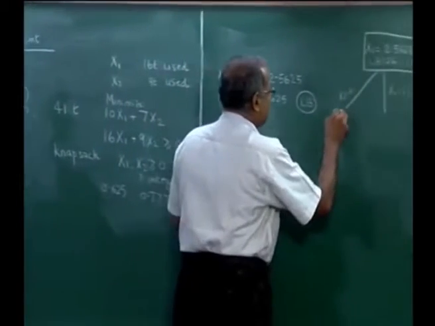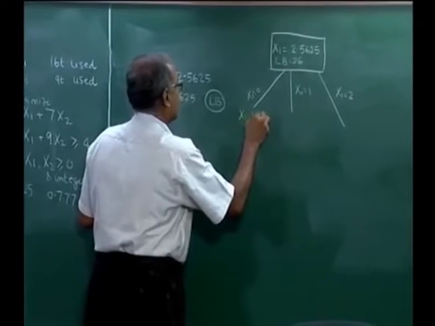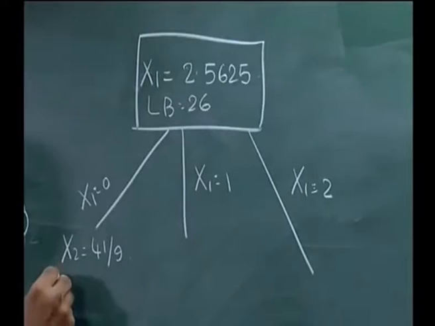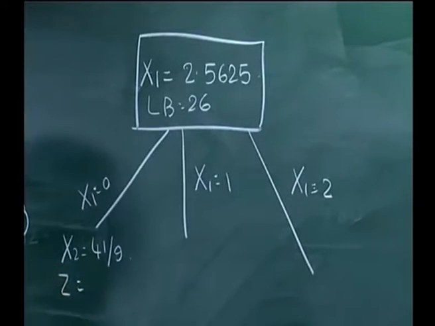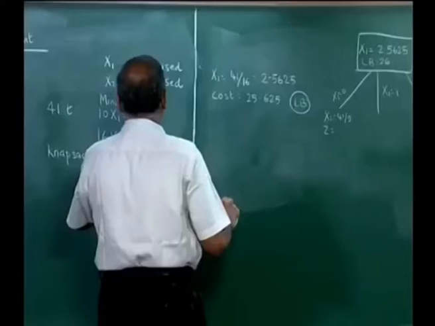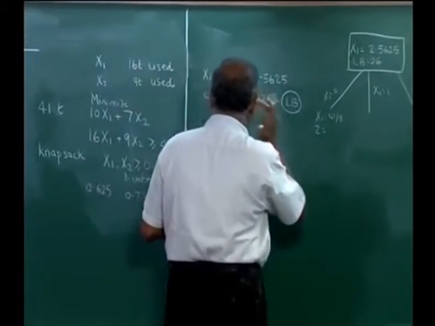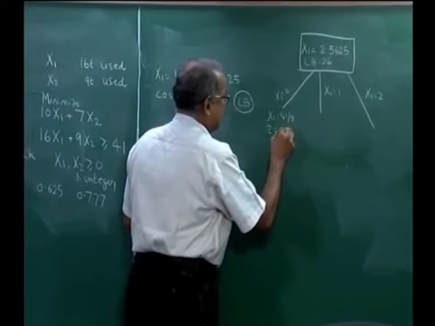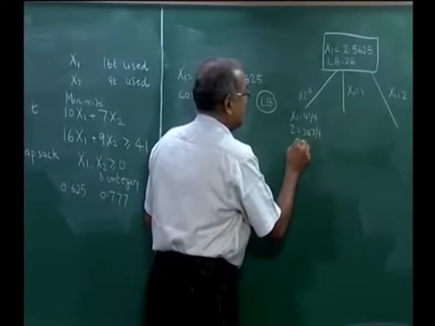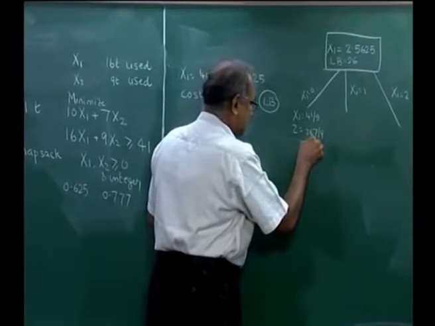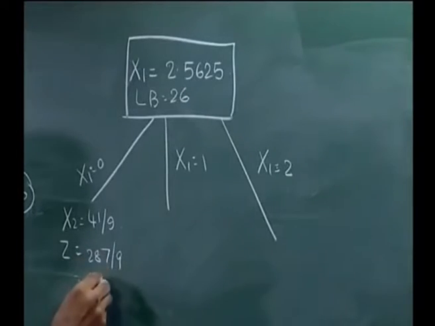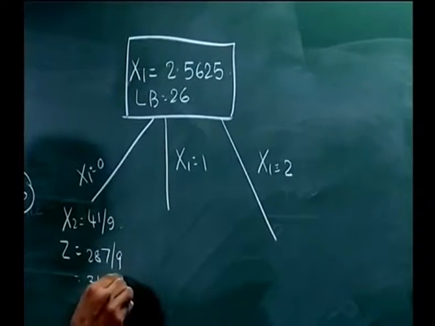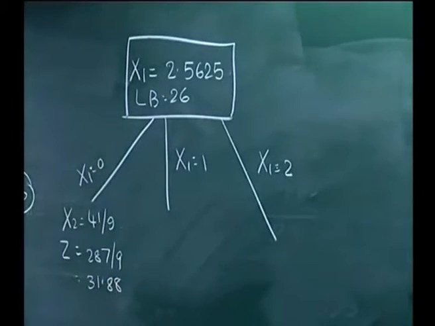So x2 will be 41 by 9 and the objective function value z will be 41 into 7 by 9, 287 by 9, which is 31.88.